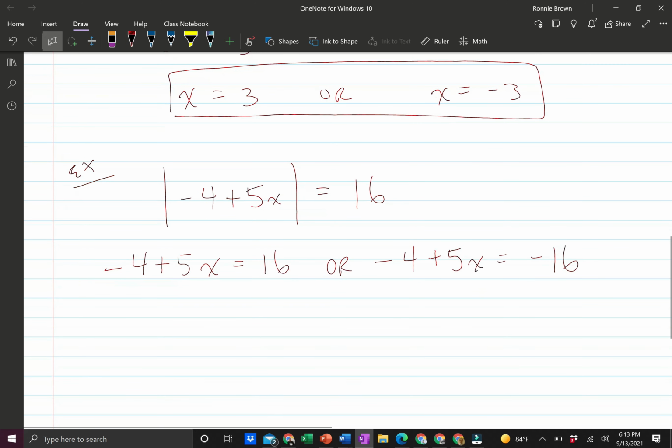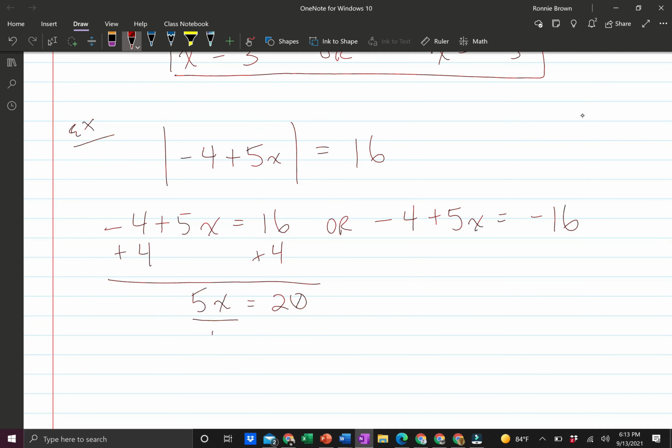After that, we just go ahead and solve the linear equations. It looks like we have to add 4 to both sides to get the 5x by itself. And then we have to divide both sides by 5. Dividing by 5, we get 4.